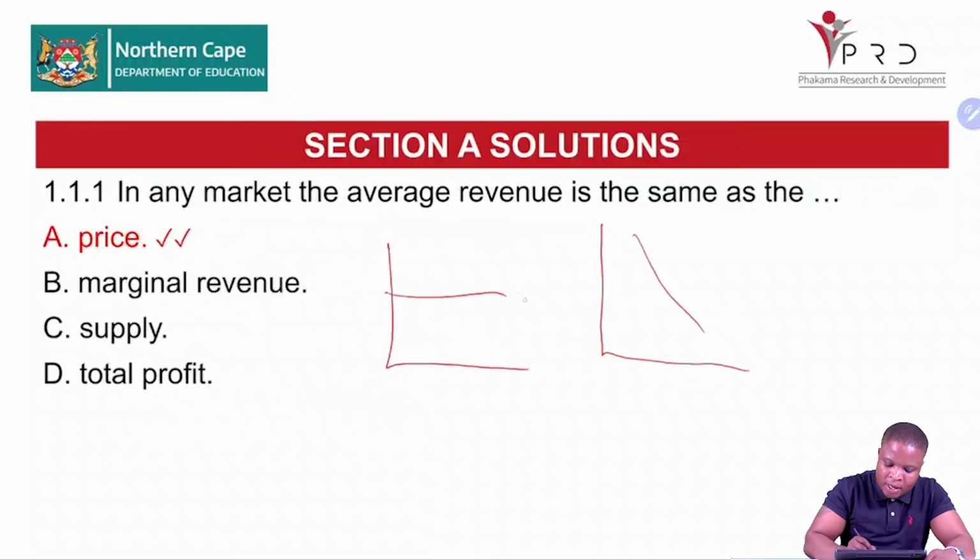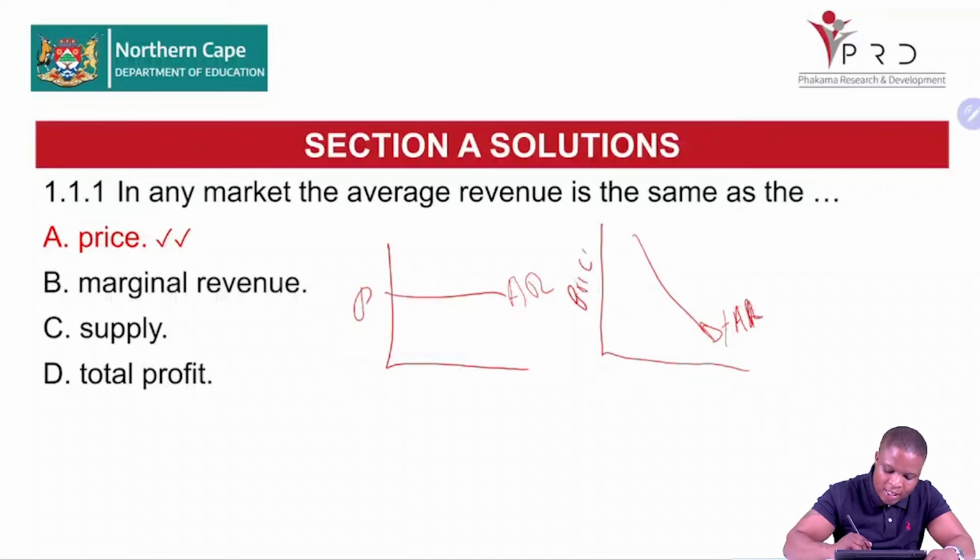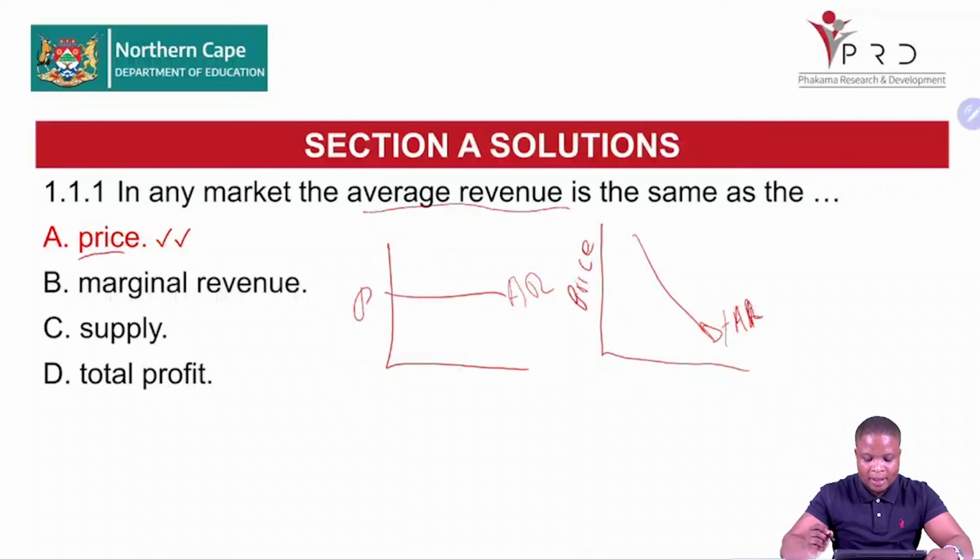In a perfect market, AR is always equal to the price. Also here, D is equal to AR, which represents the price as well. So in any market, the average revenue is always equal to the price.